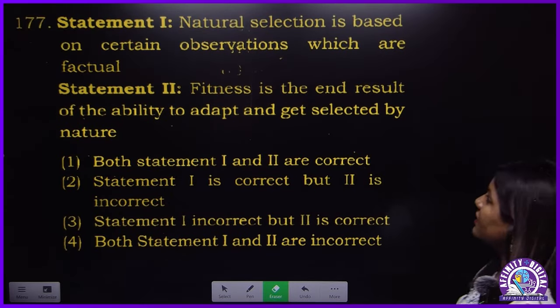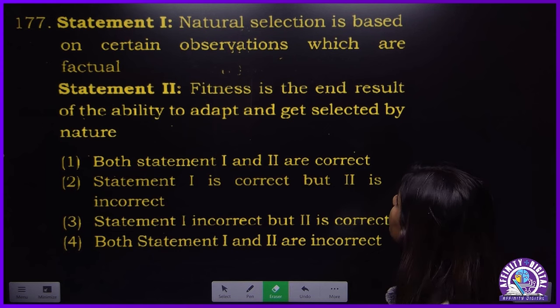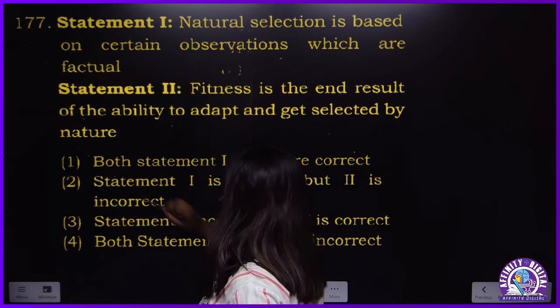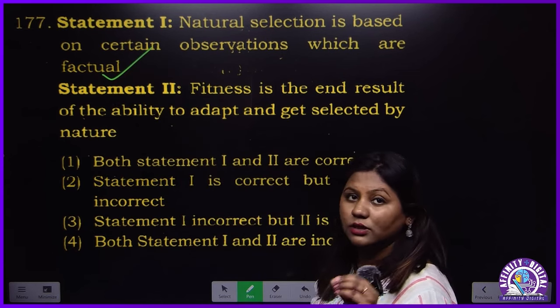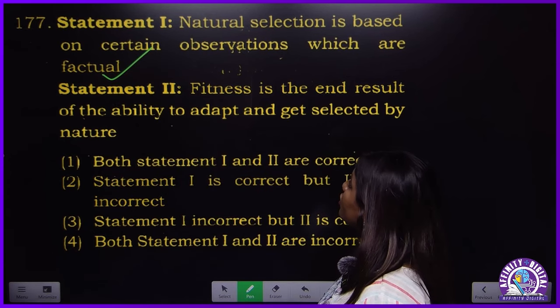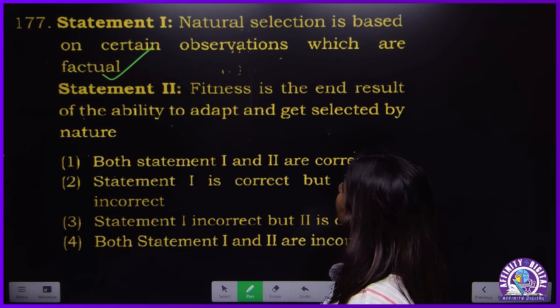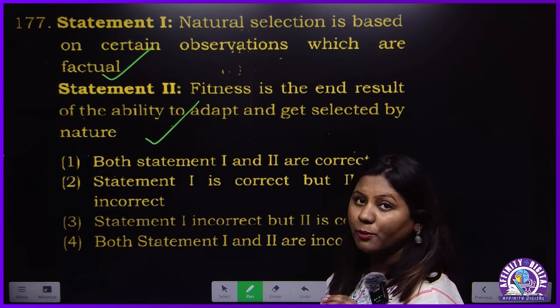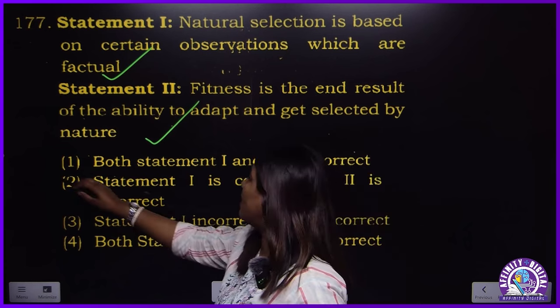Question number 177. Natural selection is based on certain observations which are factual. Yes, it is true. It is based on certain facts. Statement 2, fitness is the end result of the ability to adapt and get selected by the nature. This is also true. Both the statements are from NCERT and they are correct statements.